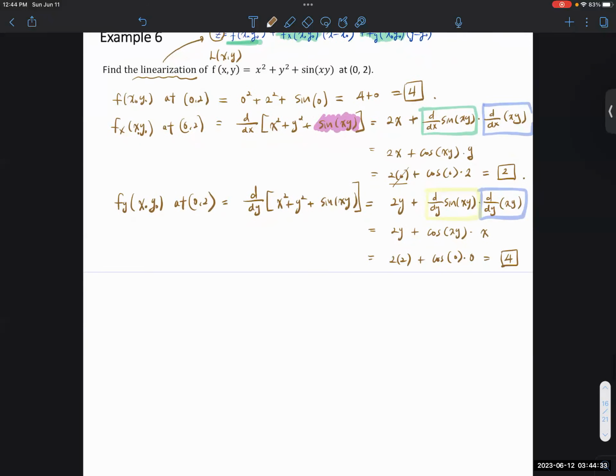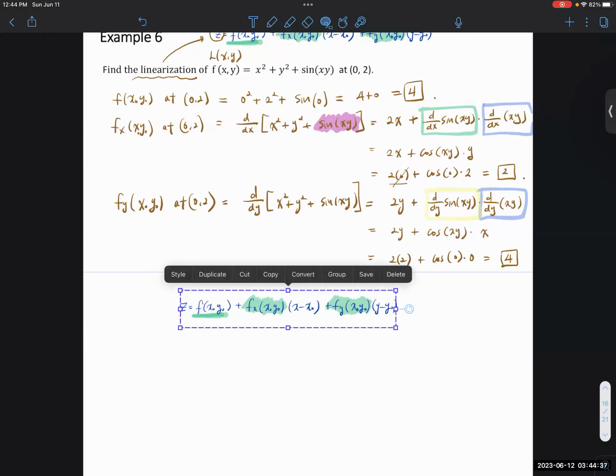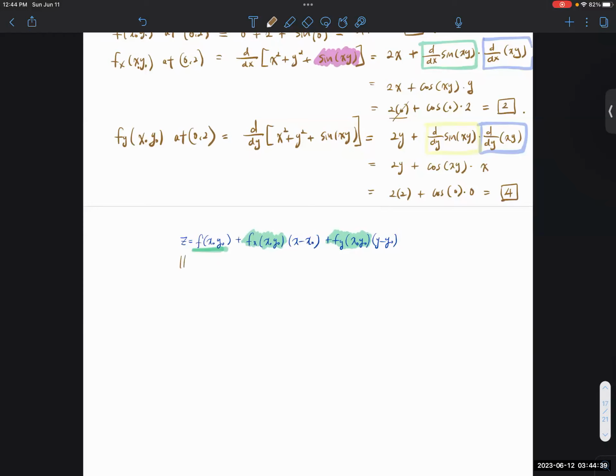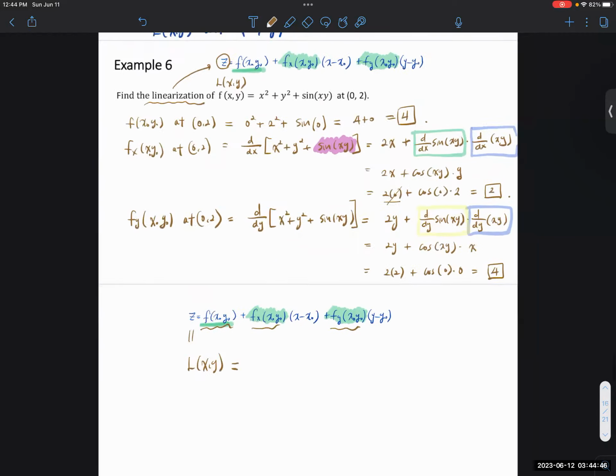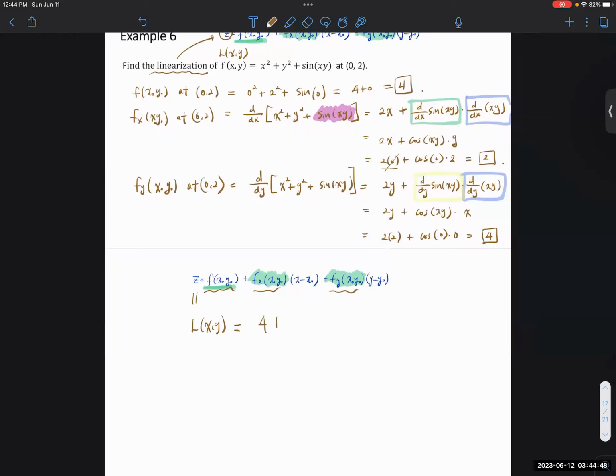So now what you're going to get is the linear approximation. We have this formula, the same as L. Now we have all those 3, which is right there: 4 plus 2 times (x minus 0) plus 4 times (y minus 2).